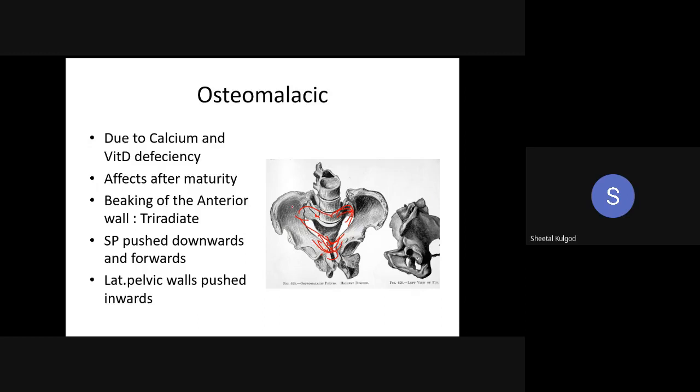That's why it is called a triradiate type of pelvic inlet seen in osteomalacic pelvis. Again, SP, the sacral promontory, is pushed downwards and forwards, and the lateral pelvic walls are pushed inwards like this, so that will result in a triradiate kind of pelvic inlet. So it's typical of the osteomalacic pelvis.